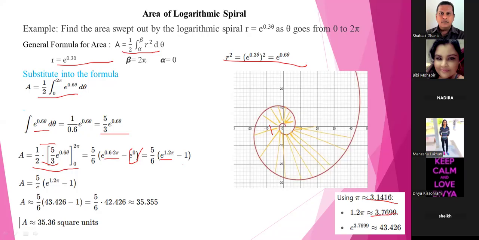We can put e to the pi that we figured out, which will give us approximately something like this. And then we will simplify, and the area will become 35.355 square units, and we can round it off. So the area that we found is 35.36 square units.